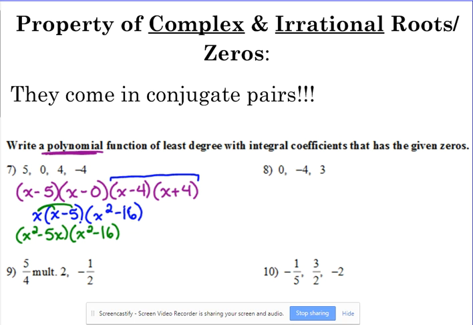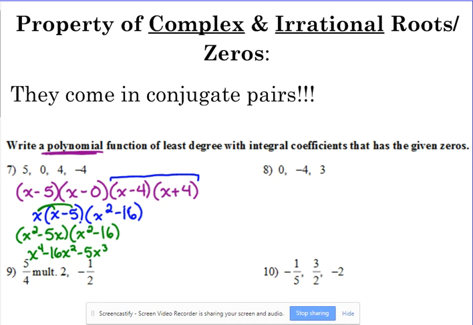Okay, so you can do it that way, and then you can multiply that out. So that's going to give us x squared times x squared, which is x to the fourth. X squared times negative 16, that's negative 16x squared. Negative 5x times x squared is negative 5x cubed.